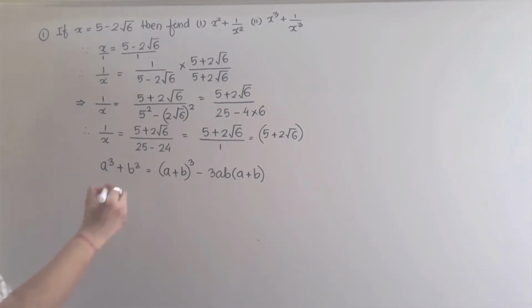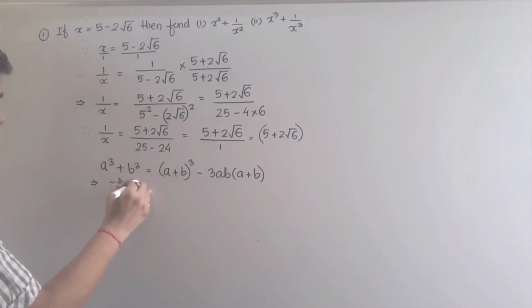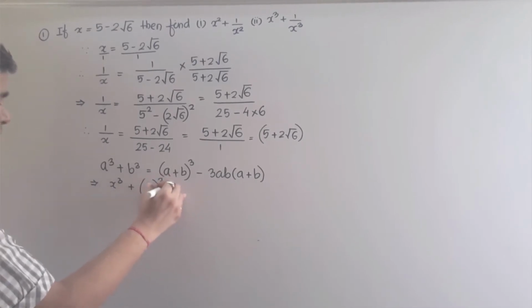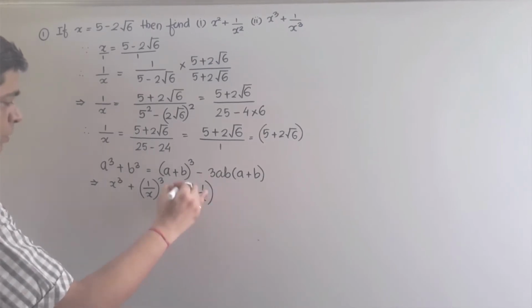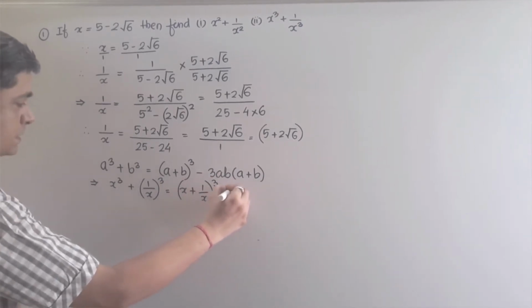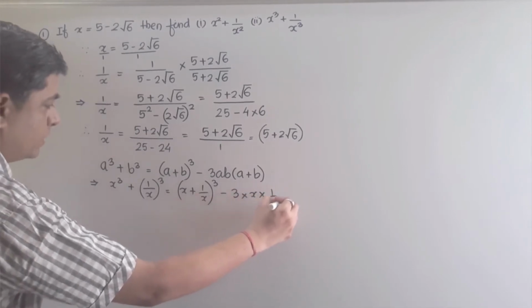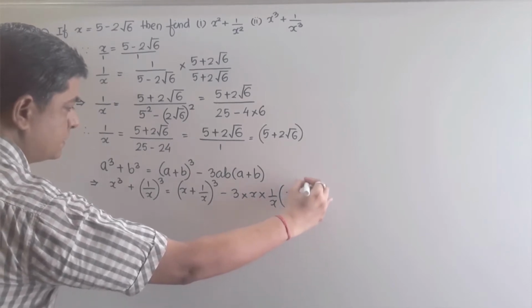Now again I am replacing value of a by x and b by 1 upon x. So value of a I am keeping here x. So x cube plus b will be 1 upon x, that will be (1 upon x) whole cube is equal to (x plus 1 upon x) whole power 3 minus 3 into value of a x and b will be 1 upon x, and then (x plus 1 upon x) again.